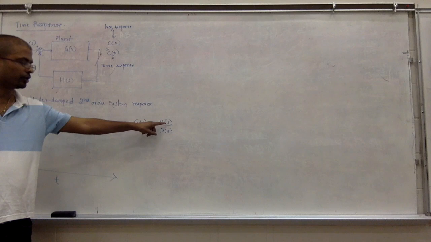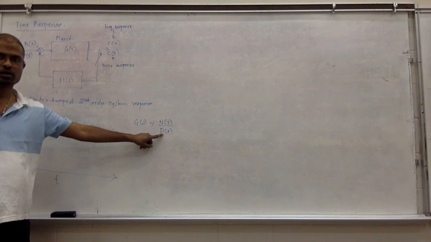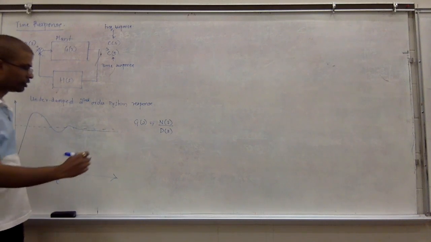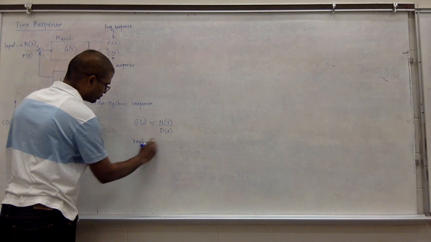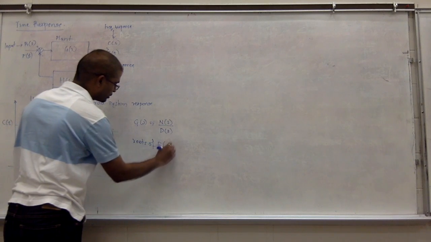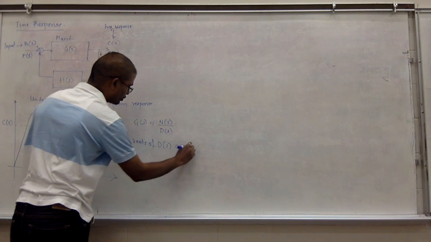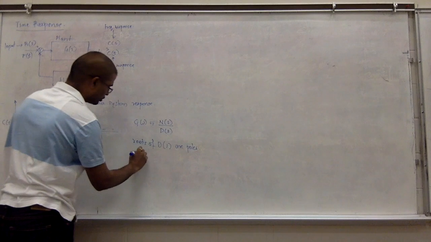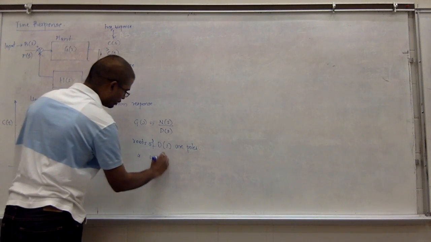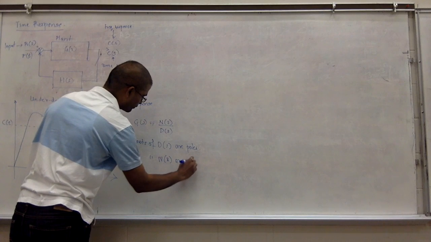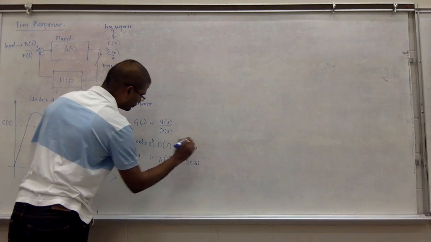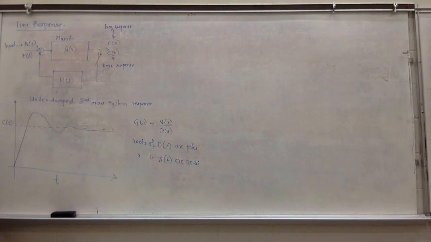It's just a polynomial in S. D of S is the denominator of the transfer function. It's again a polynomial in S. Here, roots of D of S are poles. Roots of N of S are zeros.